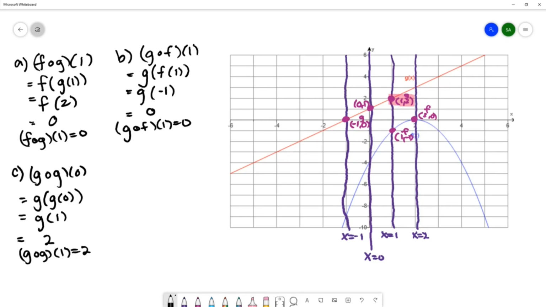Let's try another one. On this one, we're going to work out f composed with f of 3. We don't have that one marked on our graph yet. I'm going to draw a vertical line at x equals 3.